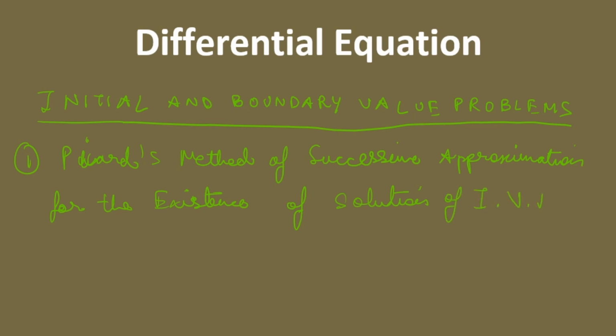What is IVP? Initial value problem. The first thing: the method is based on the fact that the function satisfies the initial value problem.